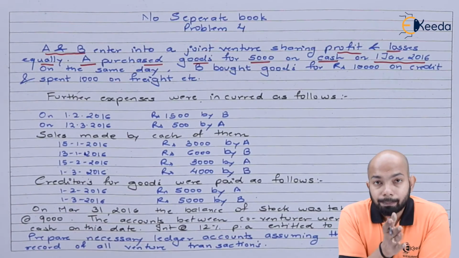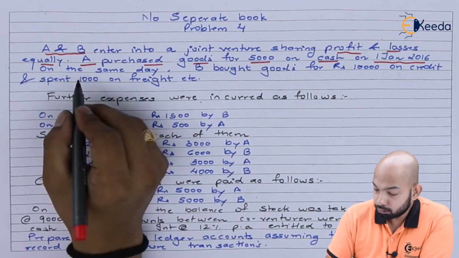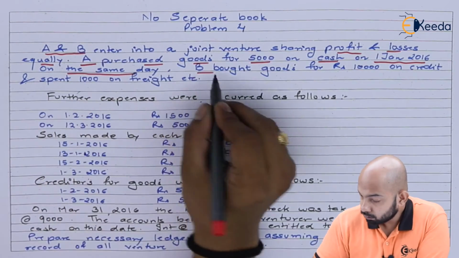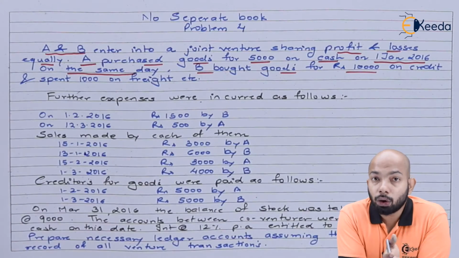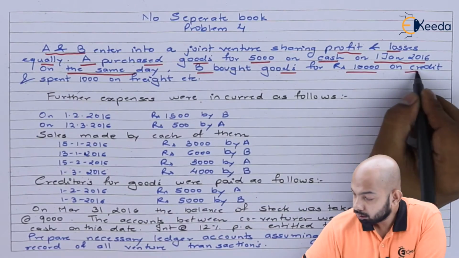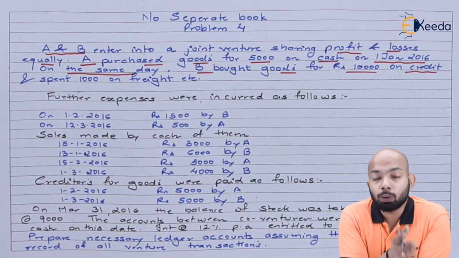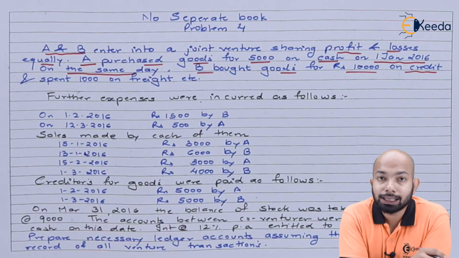On the same day, B bought certain goods worth rupees 10,000 on credit and spent 1,000 on freight charges, etc.